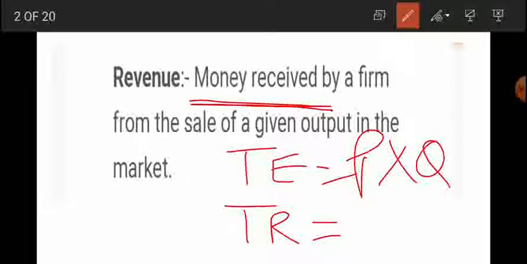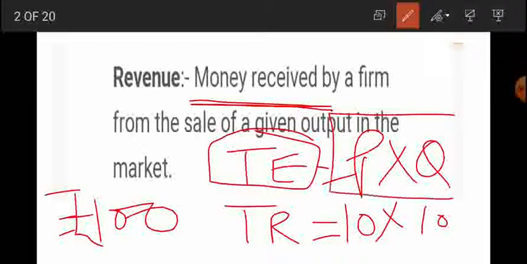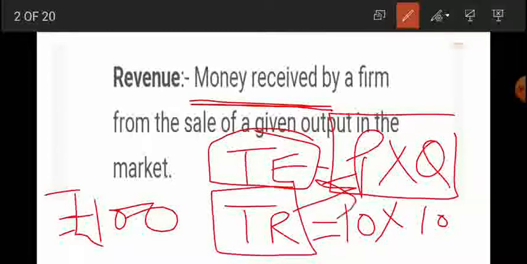For example, if a firm sells 10 units of a commodity at rupees 10 per unit, then the total revenue will be 100 rupees. So what we can say, total expenditure means P into Q.